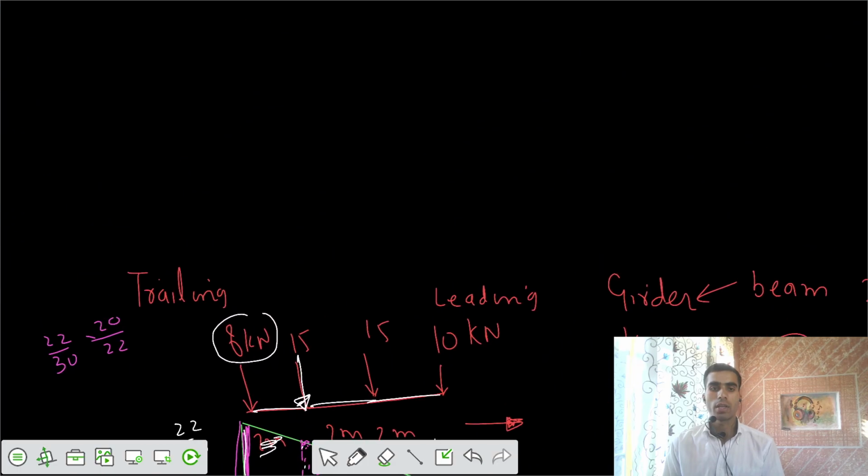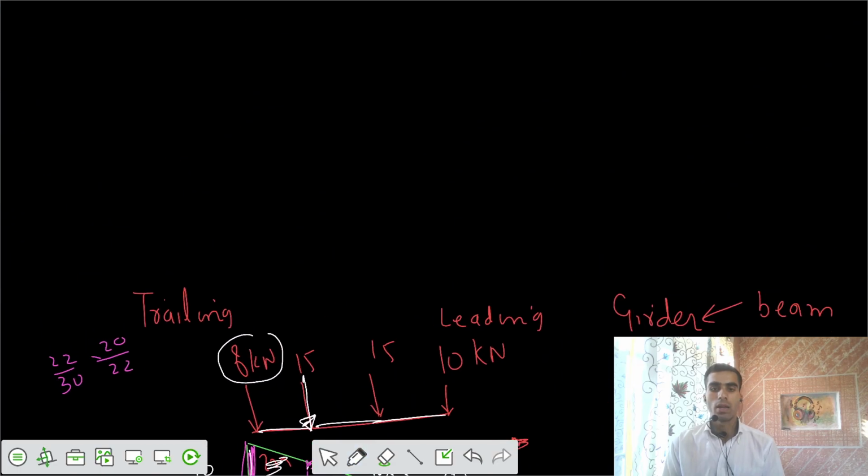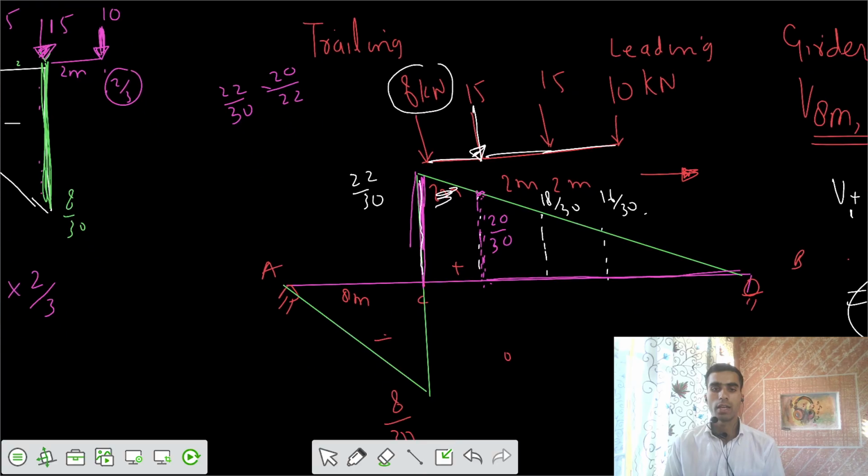So let's keep the loads now in this fashion. Let's remove the values. I would say 10 kilonewton is here, this is 15, this is also 15, and one load is on the negative side, having a peak of 8 kilonewton. So it would be acting at 2 meter here.